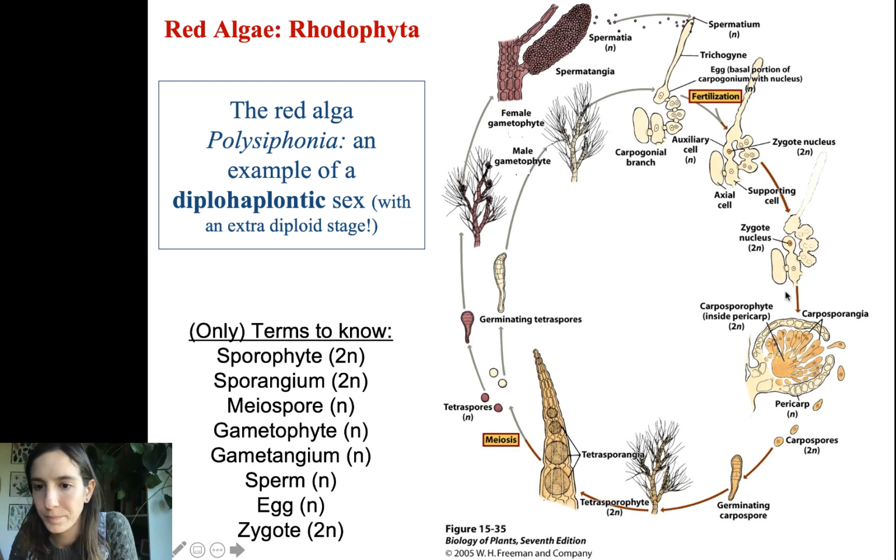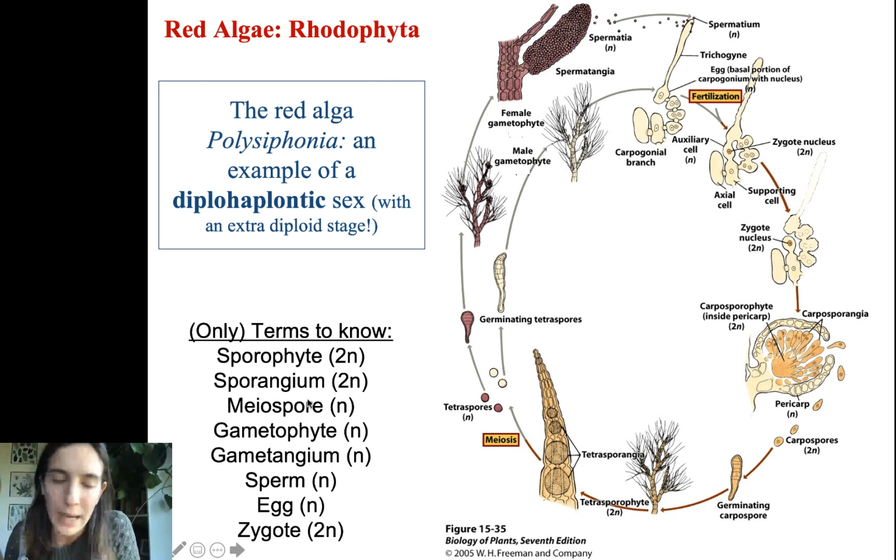It's got this one that's literally attached to the female gametophyte, and then that produces these diploid spores, and those diploid spores form this other type of sporophyte. So we sort of have one sporophyte, and then we have a second sporophyte. Well, it's this second sporophyte, that second diploid stage, that's going to produce cells that go through meiosis and then sort of restart this whole process.